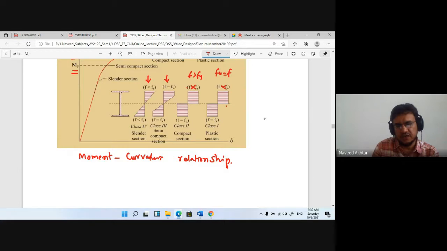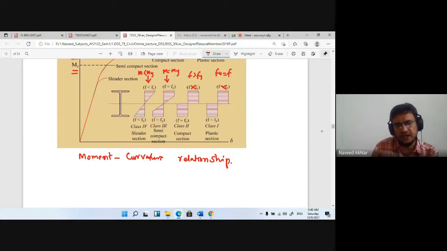Okay. If in case MP is greater than M, here MP is equal to M, here M is less than MP, or you can write in this case M is equal to My, and M is less than My.